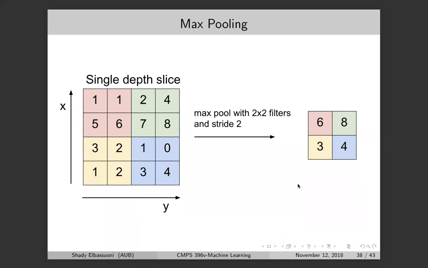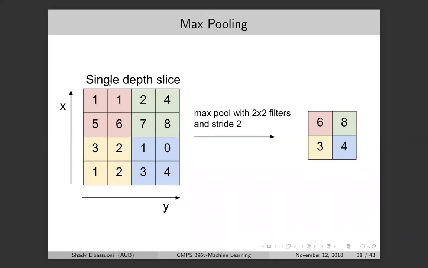So what's a maximum pooling operation? You apply a filter, typically, let's say, a 2 by 2 filter. So I have here a 4 by 4 image. I can apply a 2 by 2 filter with a stride of 2, and it does maximum pooling. It goes over the 4 pixels and picks the maximum value. Here I have 1, 1, 5, 6.